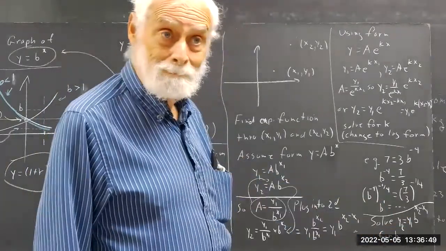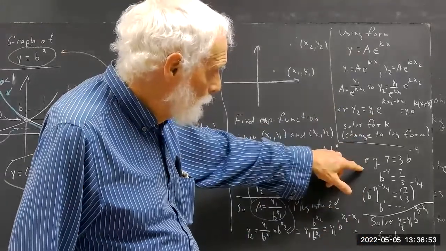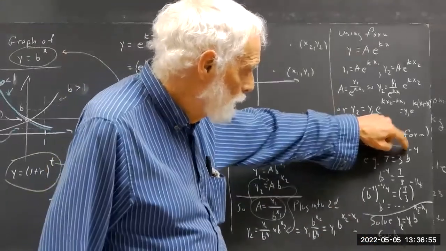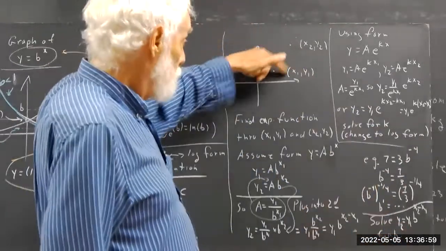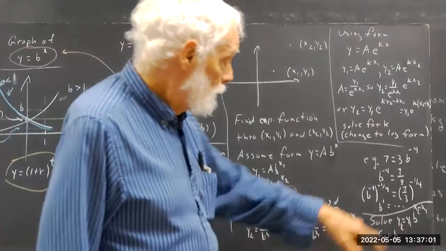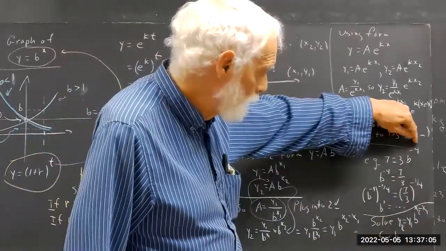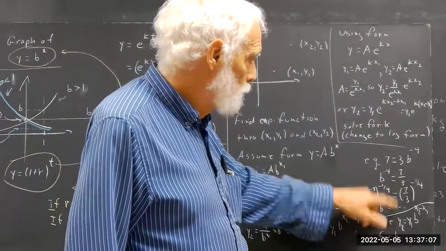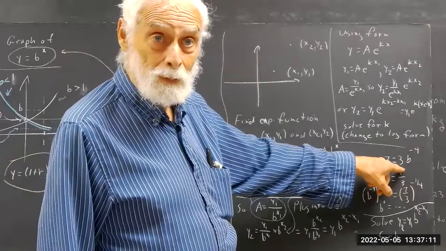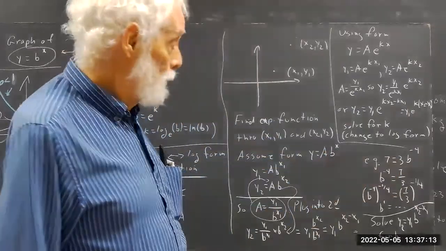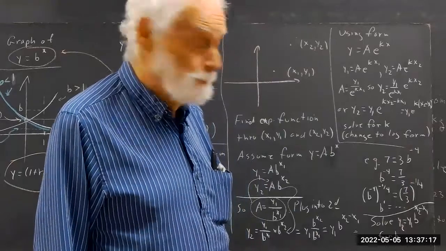Then an example of that would be 7 equals 3b to the negative 4, because y2 and y1 are just numbers that you're given. x2 and x1 are just numbers that you're given. So if x2 minus x1 is negative 4, y2 is 7, and y1 is 3, you would get this. So it's a little easier to look at with numbers. And if you've got numbers in here, it's easy to understand how you get the solution.